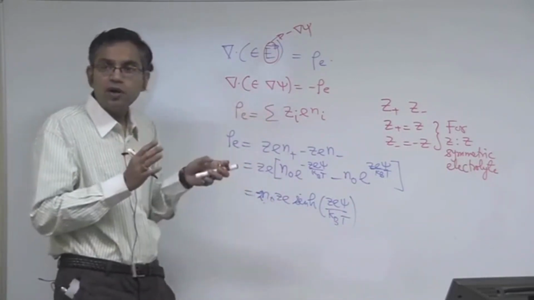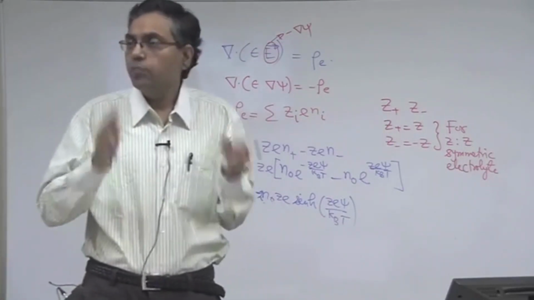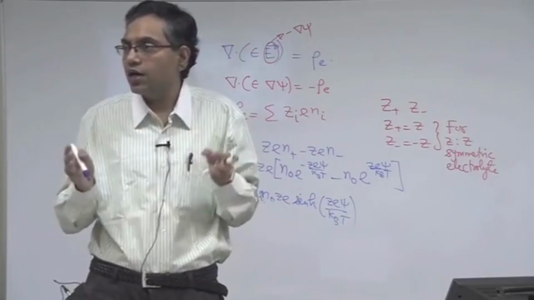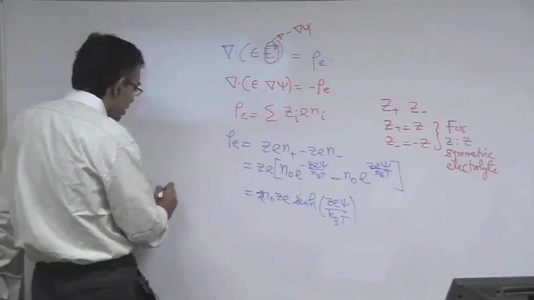This equation has been obtained by combining the Poisson equation with the Boltzmann distribution, hence this is called the Poisson-Boltzmann equation.